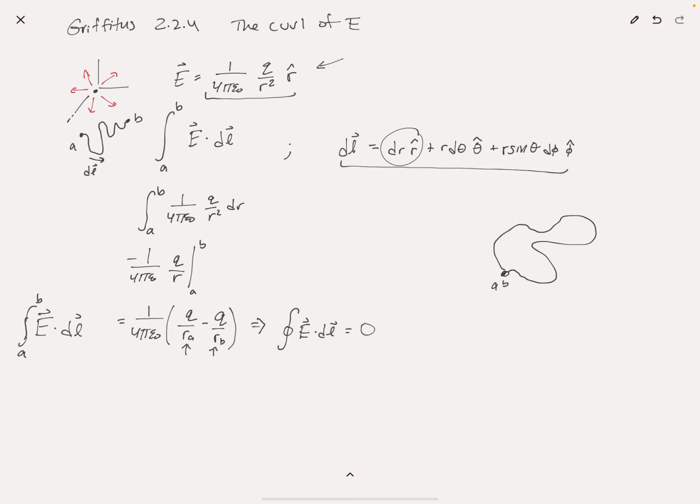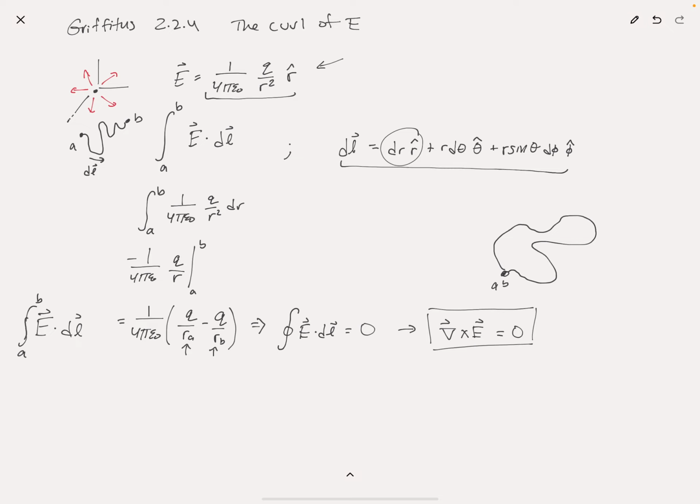If we apply Stokes' theorem, we can convert this path integral into a curl, and that tells us that the curl of our electric field is equal to 0.